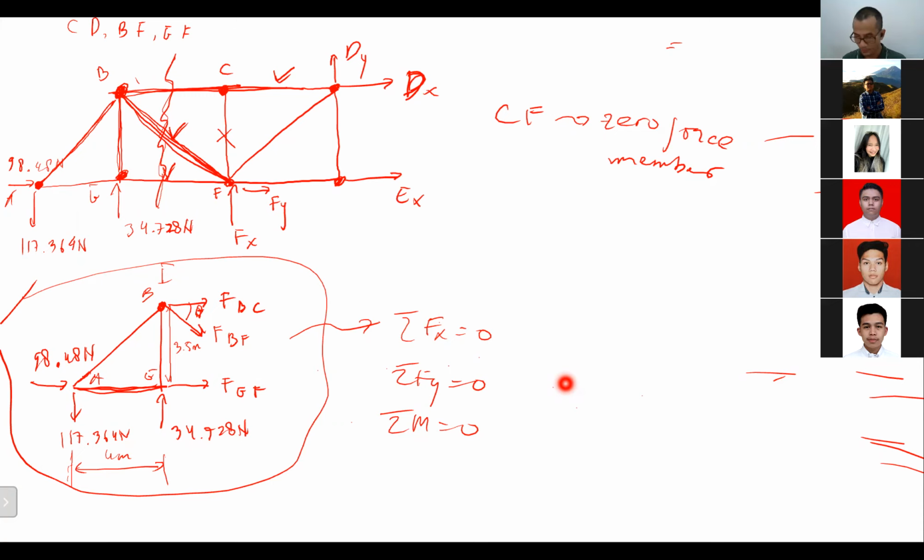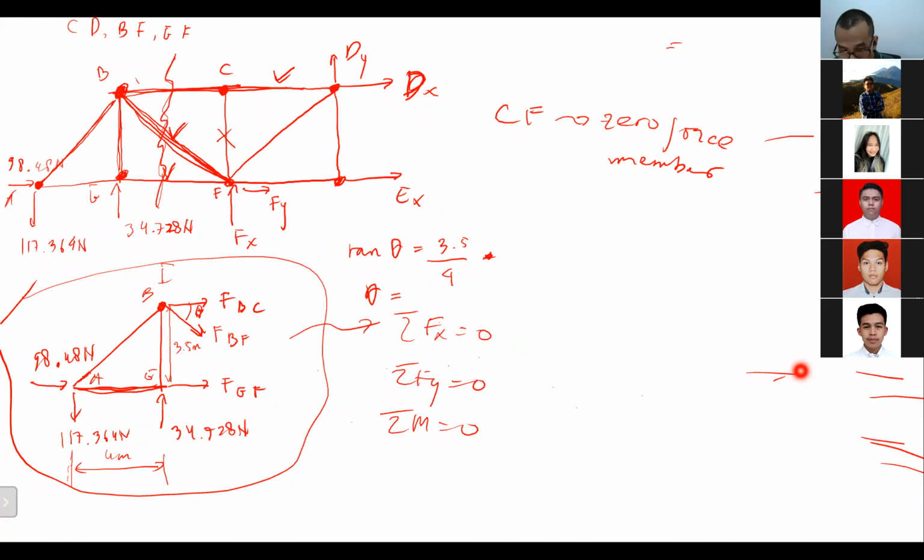.5 divided by 4. So tangent theta will be 3.5 divided by 4. Okay, shift tangent, 3.5 divided by 4.